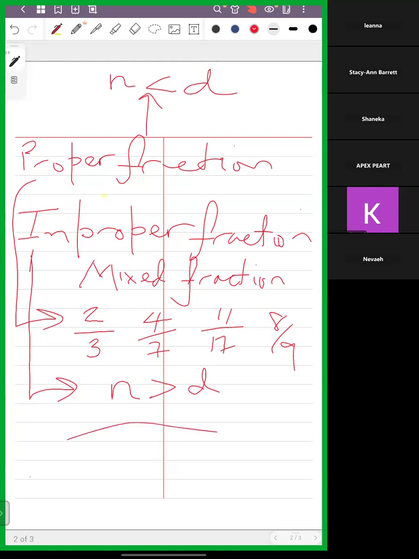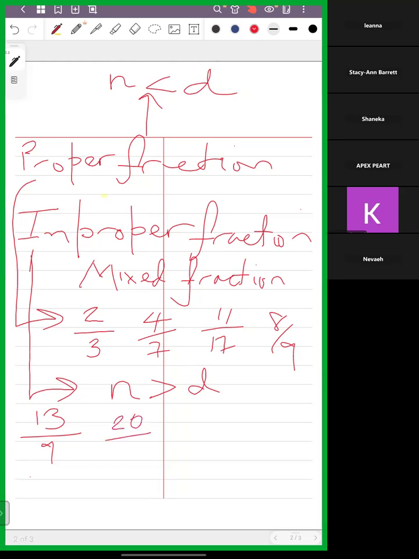For example, I could choose any random number. Let's say I choose 13. All I have to do to create the improper fraction is choose a number less than 13. We can choose 9. So 13 over 9 is what is known as an improper fraction. We can pick another number. We can pick something like 20.